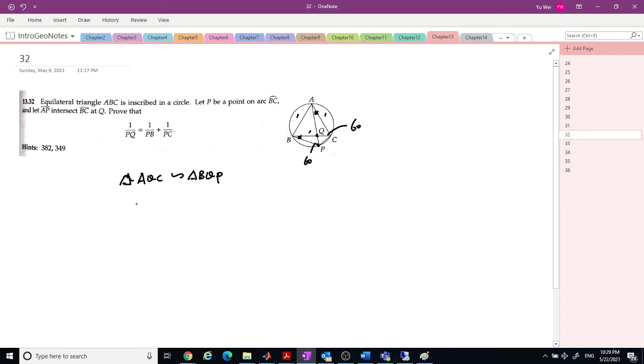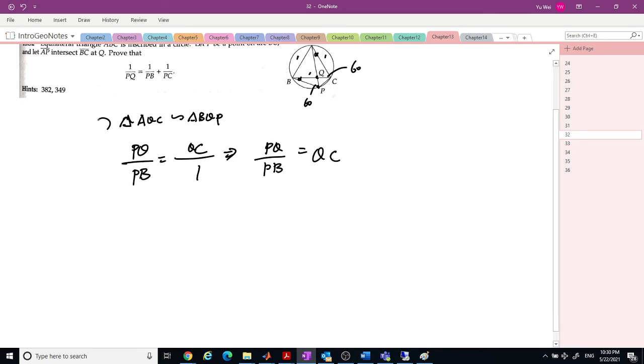Now we want to have PB, and PC. So for PB, PQ over PB is equal to QC over AC. AC is 1, right? So now we see PQ over PB is equal to QC.